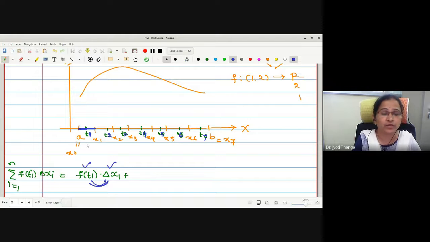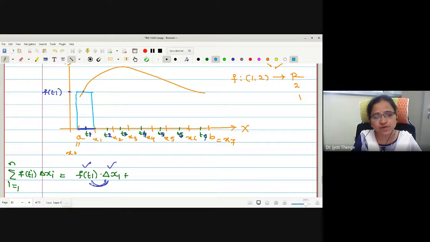Okay. Therefore here height, where is my, this is my point t1. Where is f of t1? Somewhere here it is, no? This is f of t1. Therefore what is the rectangle? What should be the rectangle constructed? Width is this much. Correct? Is it okay?